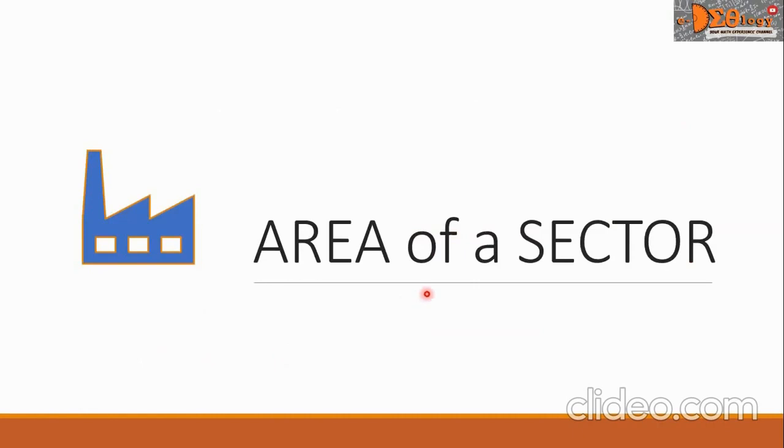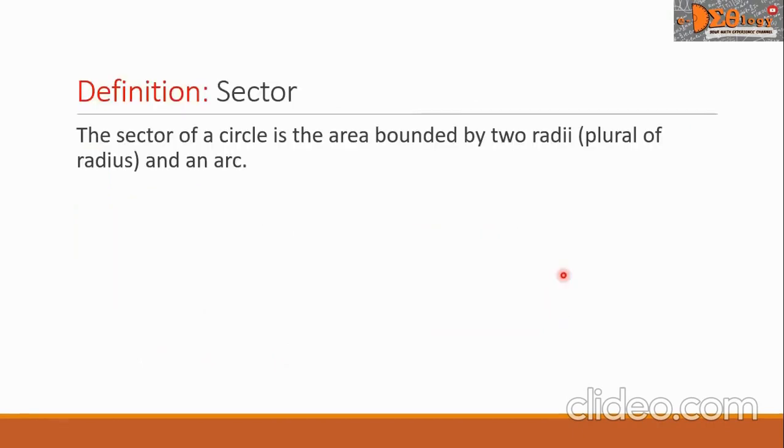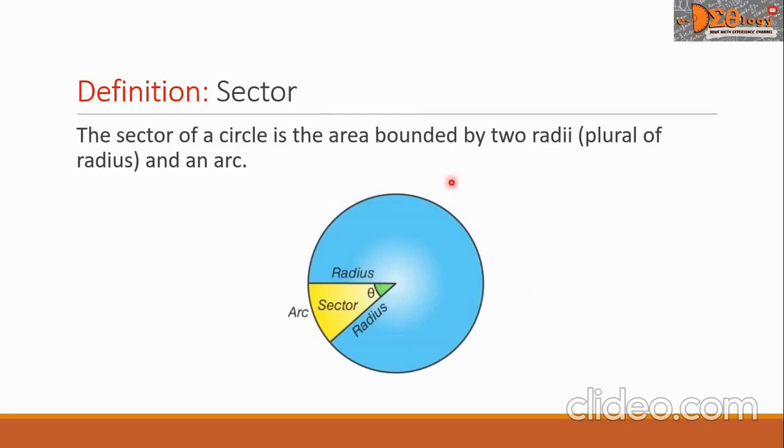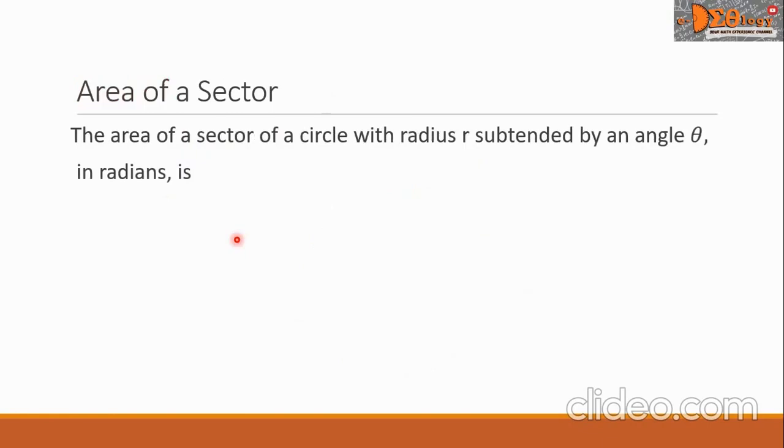Let's go now to area of a sector. First, let us define a sector. The sector of a circle is the area bounded by two radii, that is the plural of radius, and an arc. Here is a picture of a sector. Let us go now to area of a sector.